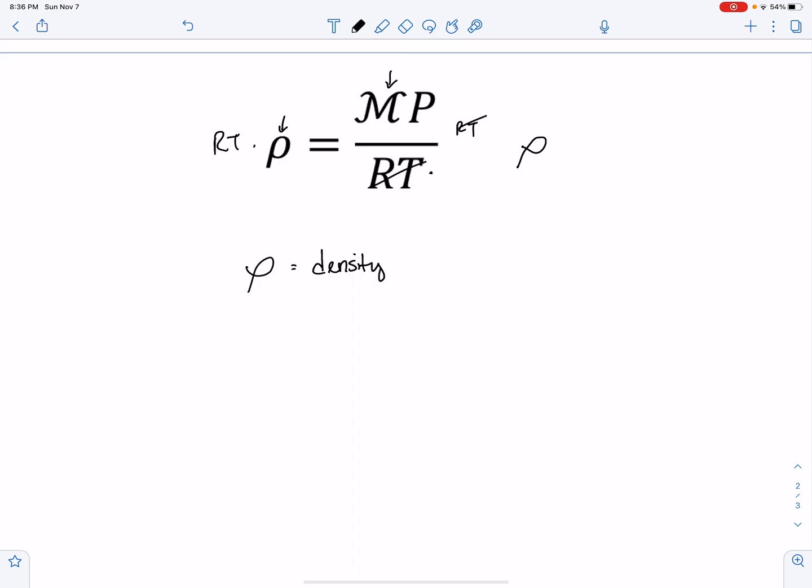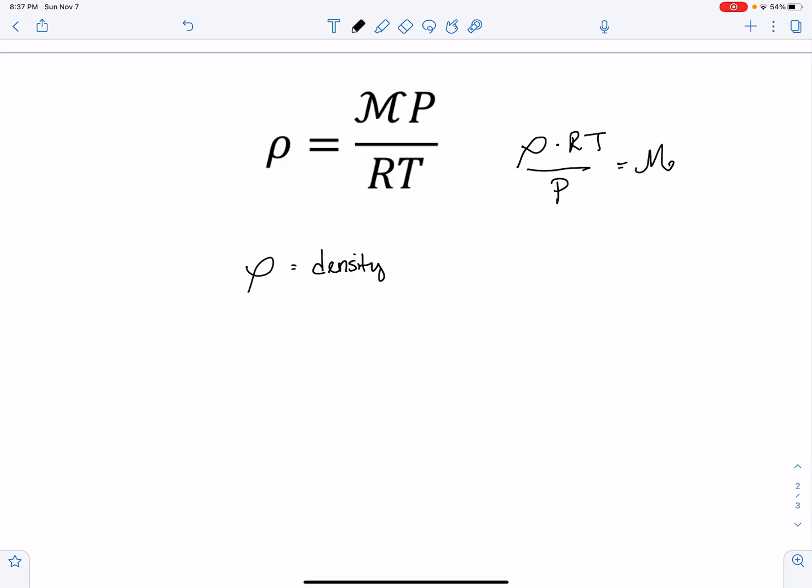So those would cancel. And then you're going to divide both sides by the P. So the other equation is rho times R times T over capital P. So it just depends on what you're needing. This is the same equation, it's just solved for M.